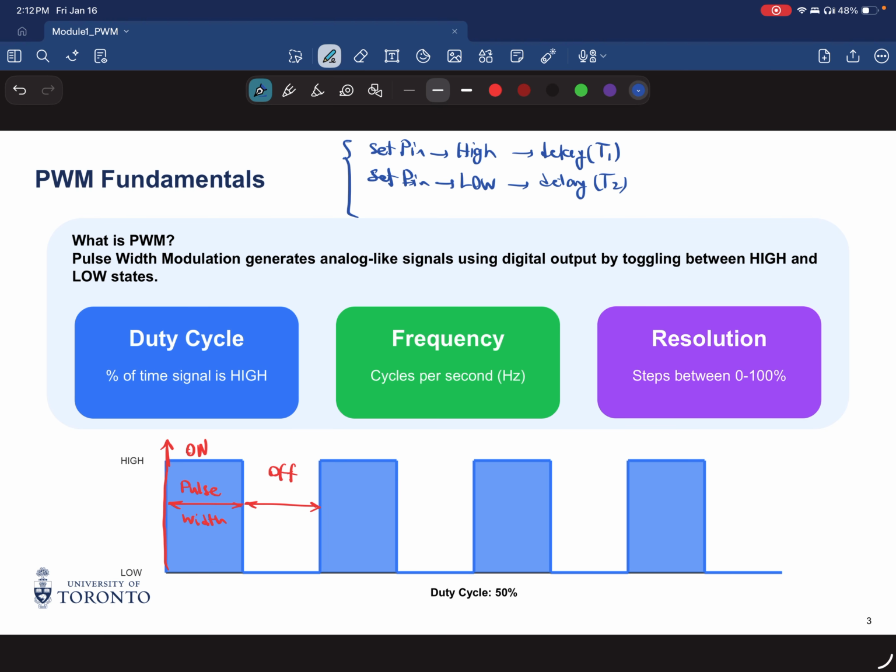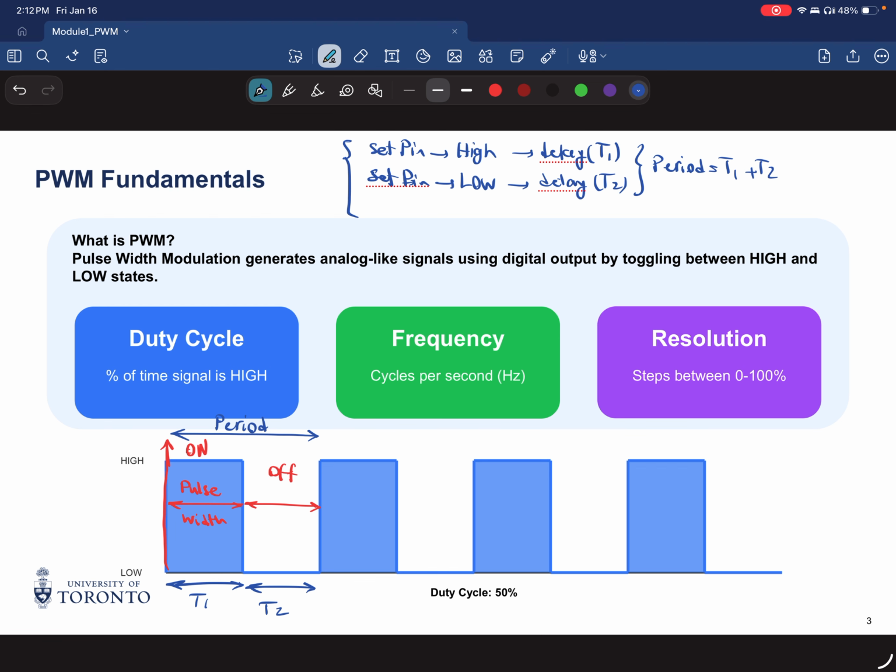By doing this, we introduce a signal that is on for T1 time of the period, and then for T2 amount of time it's off. And then we repeat the same thing in, let's say, a while loop. So the period of this pulse that is going to be generated is going to be T1 plus T2.